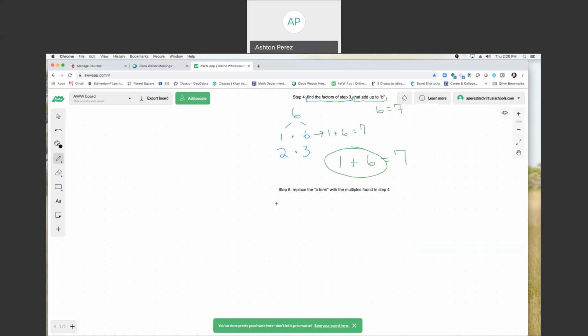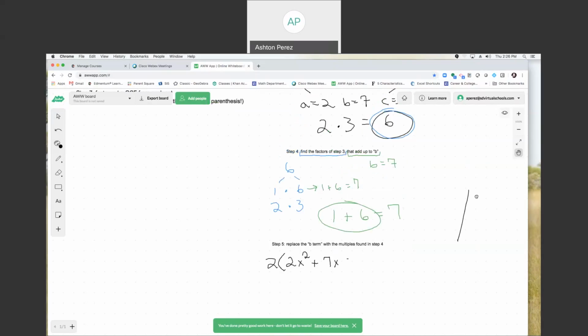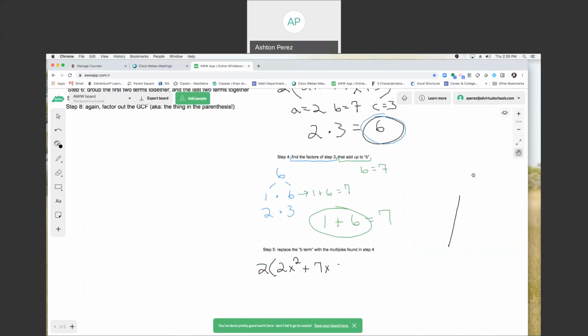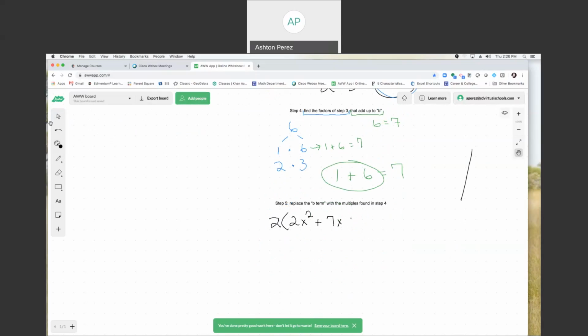Okay, so let's rewrite our problem from before, right? 2 times 2x squared plus 7x plus 3.